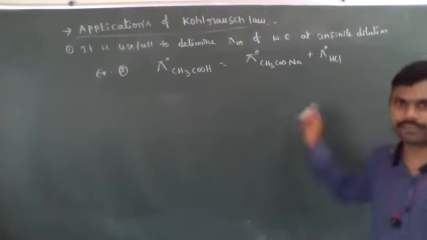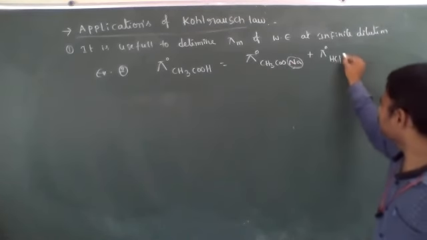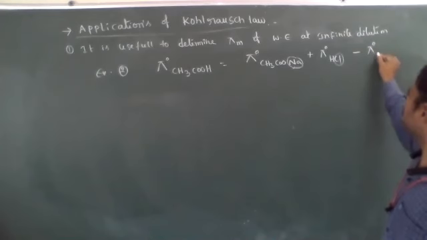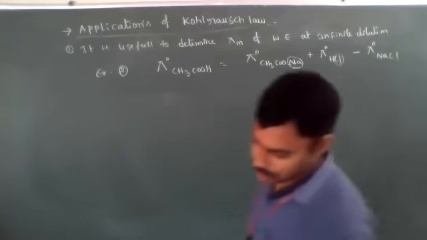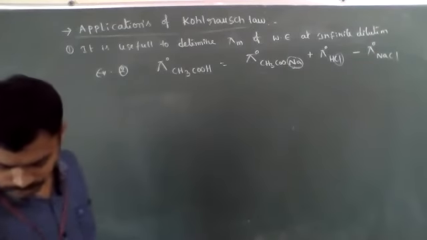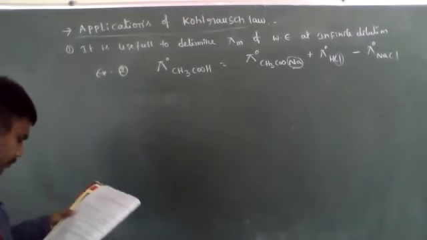Here hydrochloric acid we need to add. Then what we need to subtract? Na plus value and Cl minus value we need to subtract, minus the molar conductance of NaCl, sodium chloride. So in exam they will give these values. Then they will ask to find the molar conductance of acetic acid.